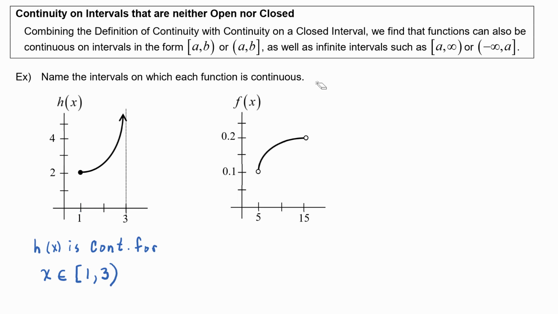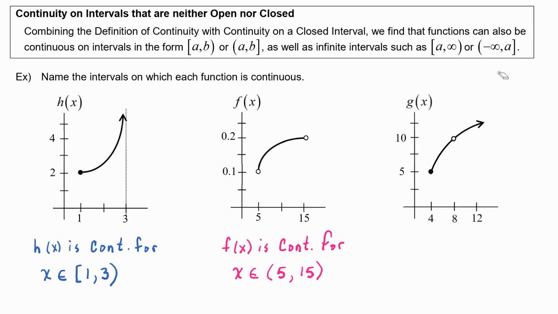For this f of x, we would say that f of x is continuous for x belonging to the interval. In this case, the left endpoint is not included, the right endpoint is not included, but all the points in between 5 and 15 are included, so this would be an open interval from 5 to 15.